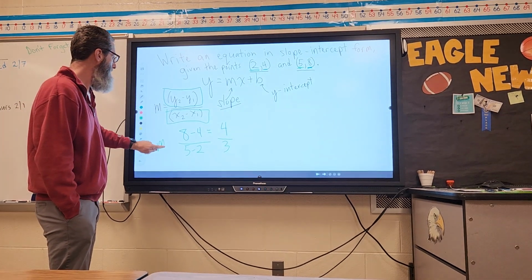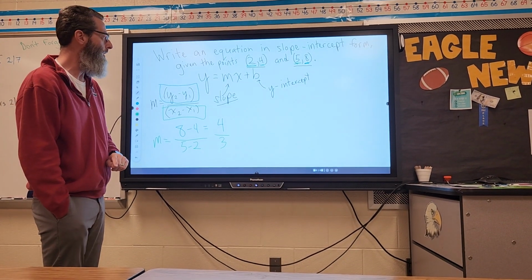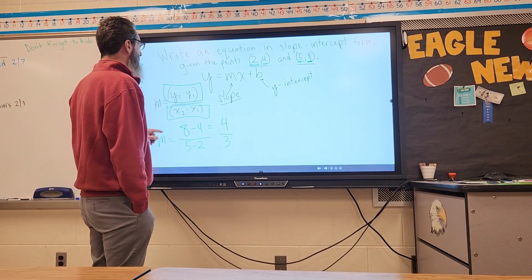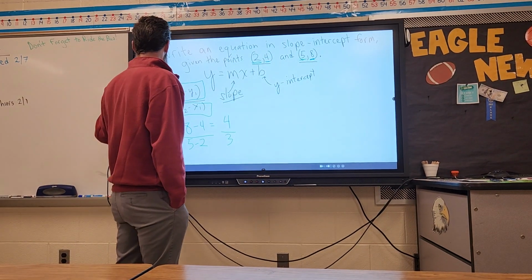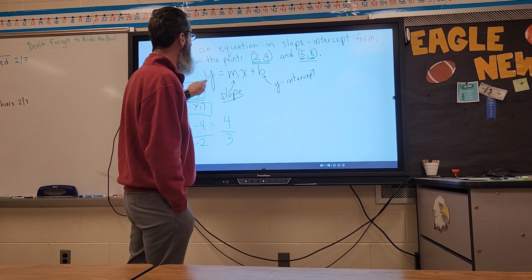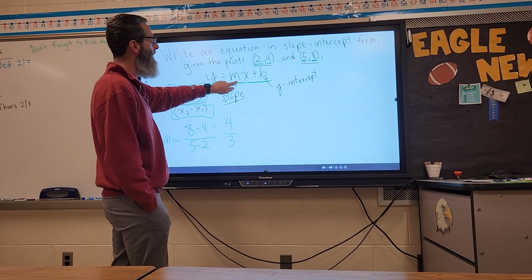So m equals 4 divided by 3. We're going to leave it at that, 4/3. Now we found the slope. m equals 4/3.